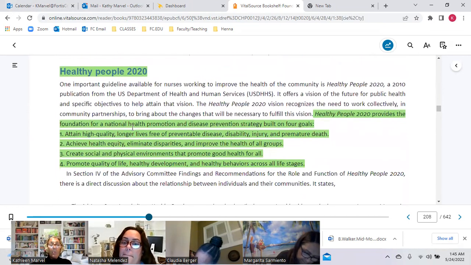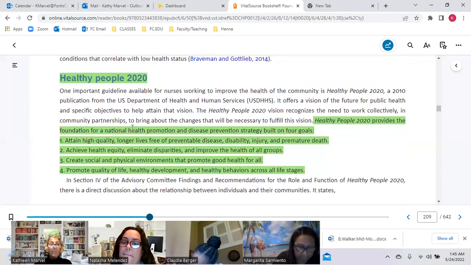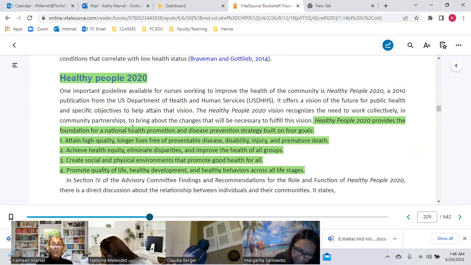And then Healthy People 2020 is presented here on page 209, right? And it talks about Healthy People 2020 provides a foundation for a national health promotion and disease prevention strategy built on 4 goals. And I can tell you this right here was, I just sent you a Kahoot a couple of days ago.